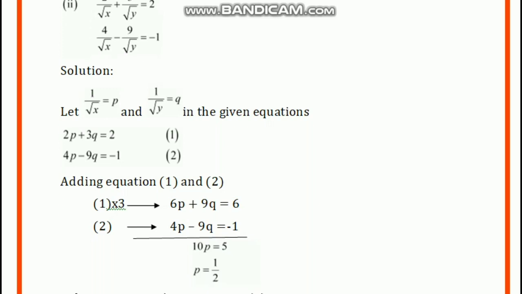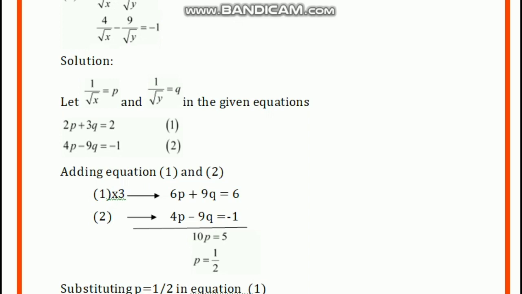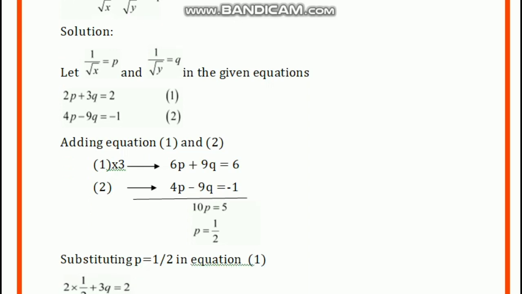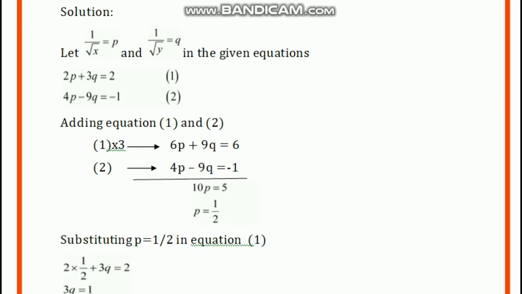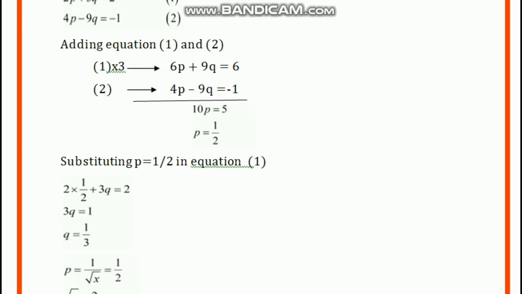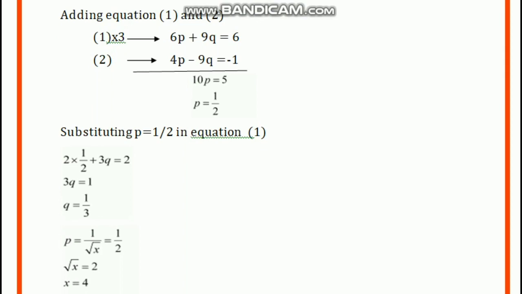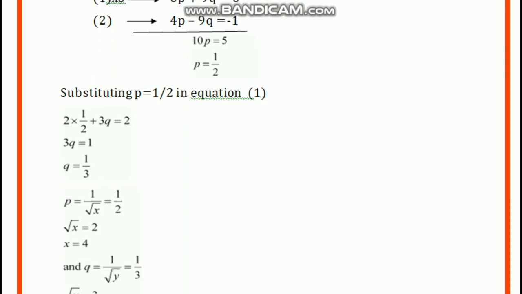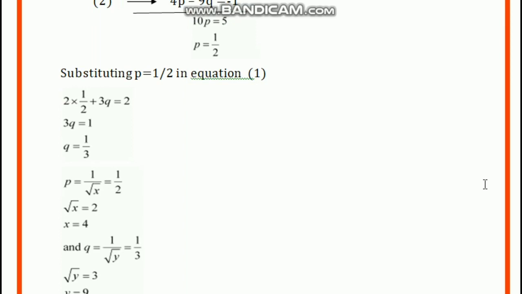Then what is the value of p? If you transpose 10 to the right hand side, you will get p equal to 5 divided by 10. So you will get p equal to 1 by 2.